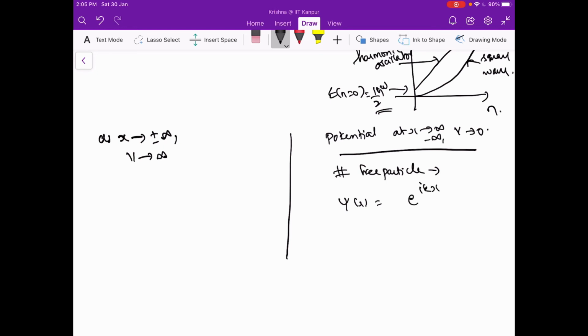And we know that the eigenfunctions of the Hamiltonian here are not real solutions because they are not normalizable. The solutions of the Schrodinger equation are not normalizable, right?